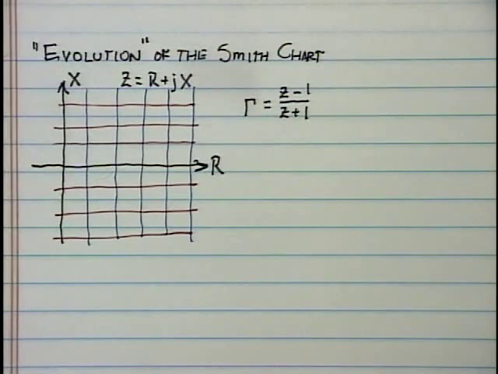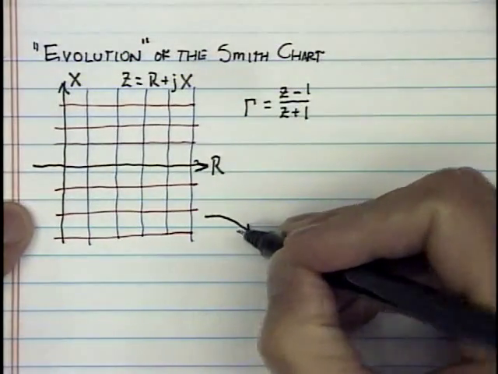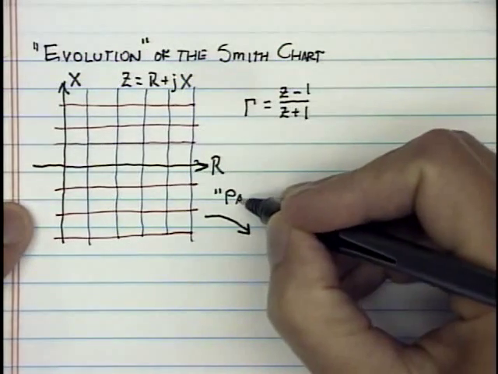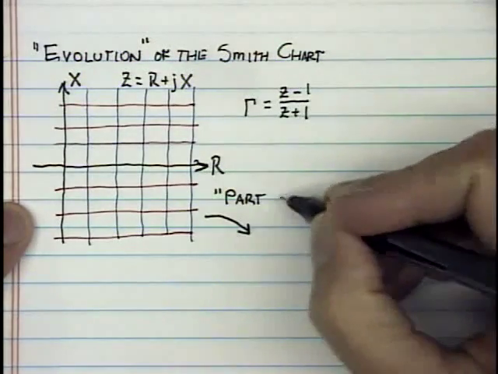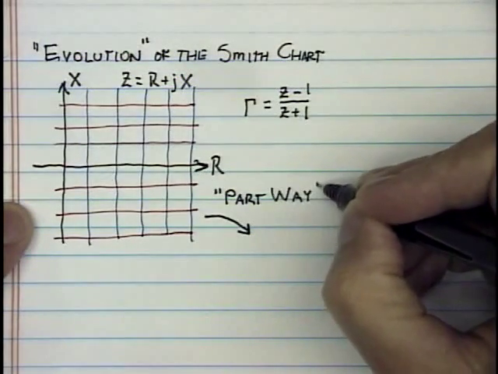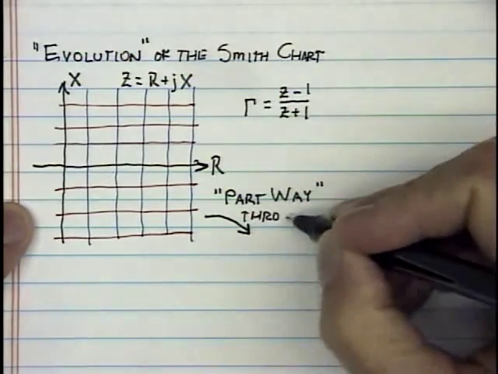I'm going to do this in a way that mathematicians would object to. I'm going to do this transformation in steps.